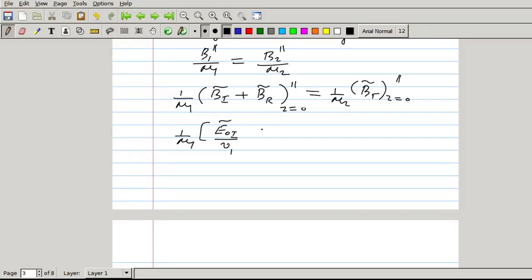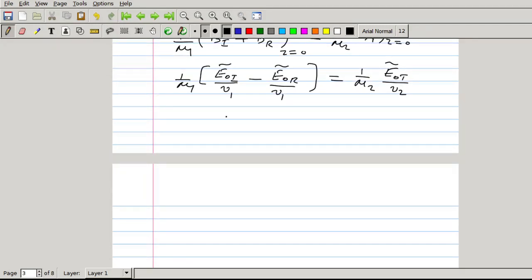Then BR will be minus E0R by V1, e raised to minus i k1 z with z equal to 0, and the minus i omega t will cancel, equal to 1 by mu2 into BT. BT is E0T by V2, and the e raised to minus i omega t will get cancelled.